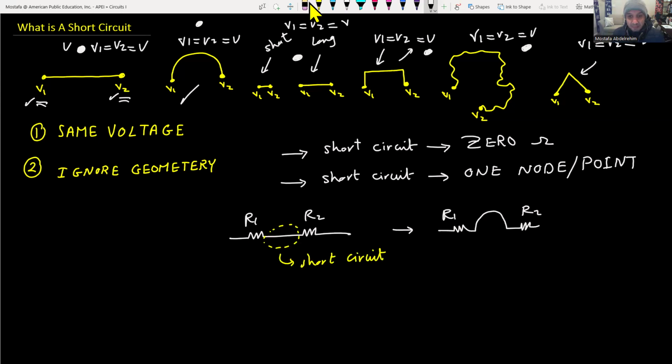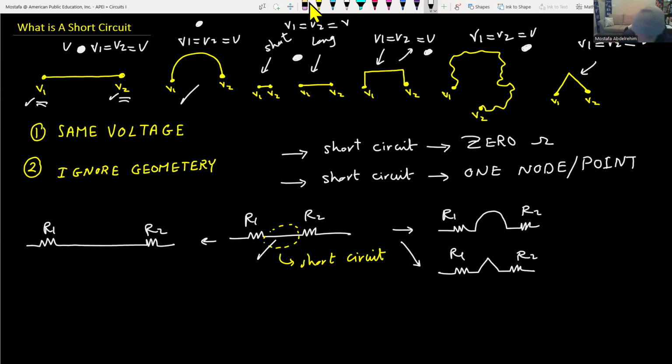It's still the same. It can be drawn like that, R1, R2. It's still the same. It doesn't change. This will not affect the voltage of that node. Remember, it's one point. You can make it very long. Still the same. It is still the same one point, short circuit, zero resistance.